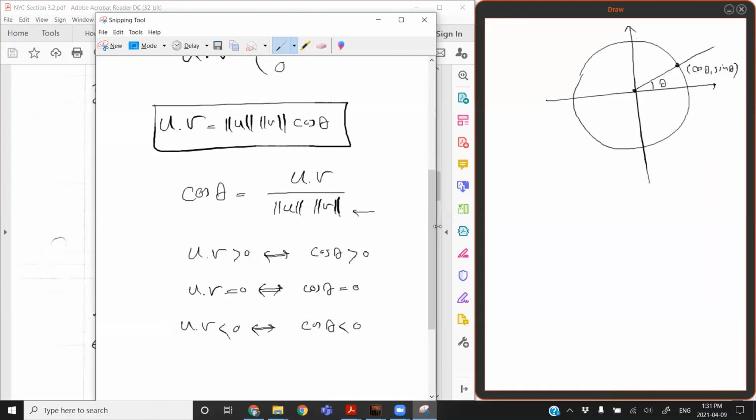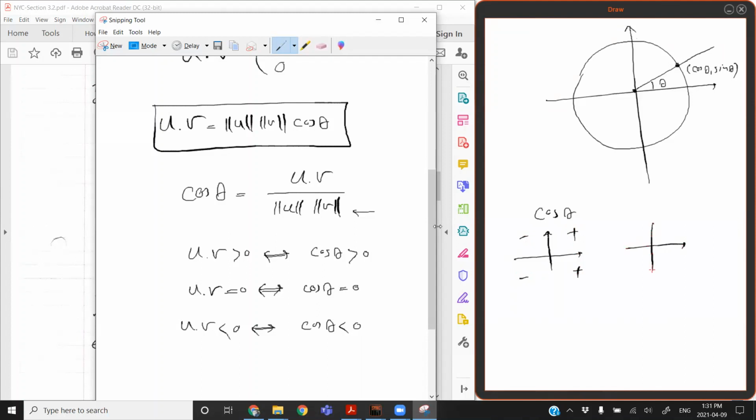So from this, you can see that wherever x is positive, cosine is positive, and wherever y is positive, sine is positive, and vice versa. For example, if I'm talking about cosine of theta, since cosine is the x coordinate of this point, it's going to be positive here and here, and negative here and here.